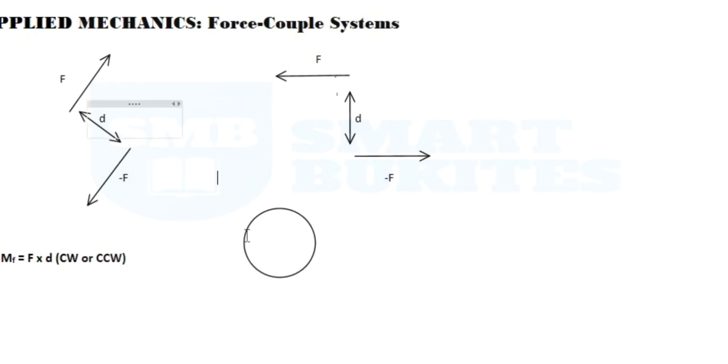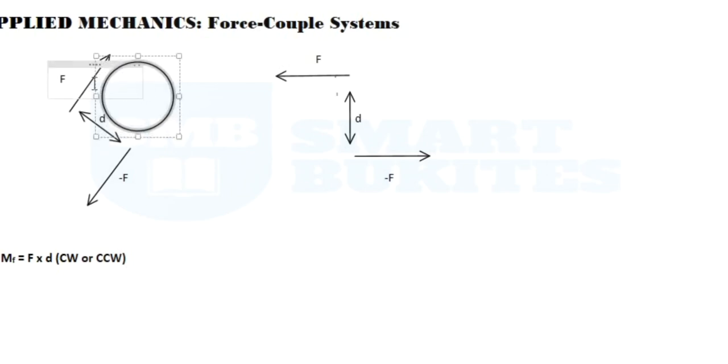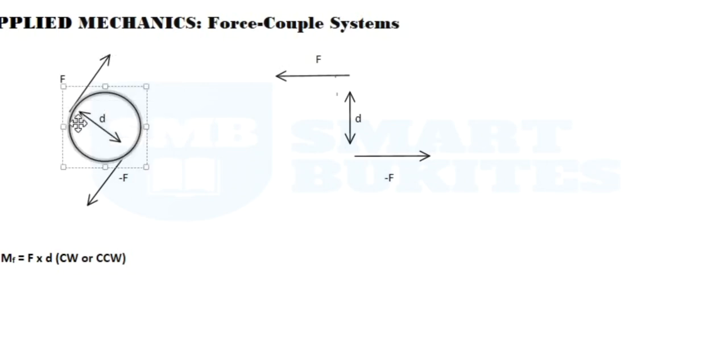Now, as we can see, if we were to put this circle here, or perhaps in the center, and this force is pushing it in this direction while the other one is pushing it in this direction, then definitely it will turn to the right, that's the clockwise direction.